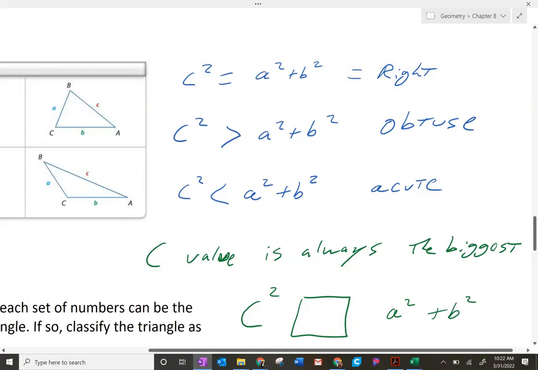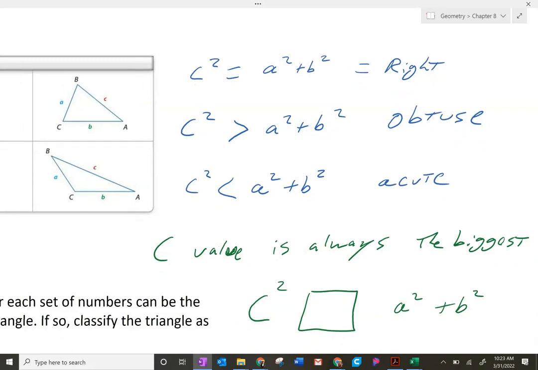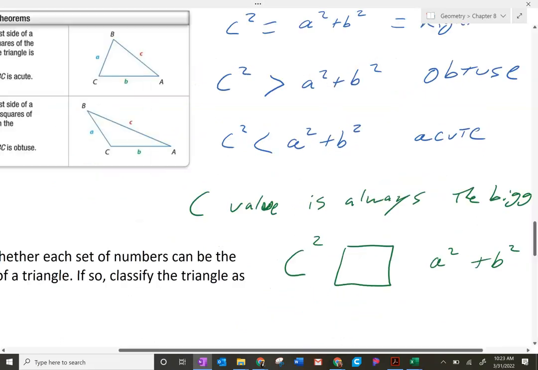Once you solve this side, you'll solve this side, you'll figure out, are you going to put an equal sign, a greater than sign, or a less than sign? You're going to put whatever inequality or equality sign in there. Okay? Anybody need to write that down some more?